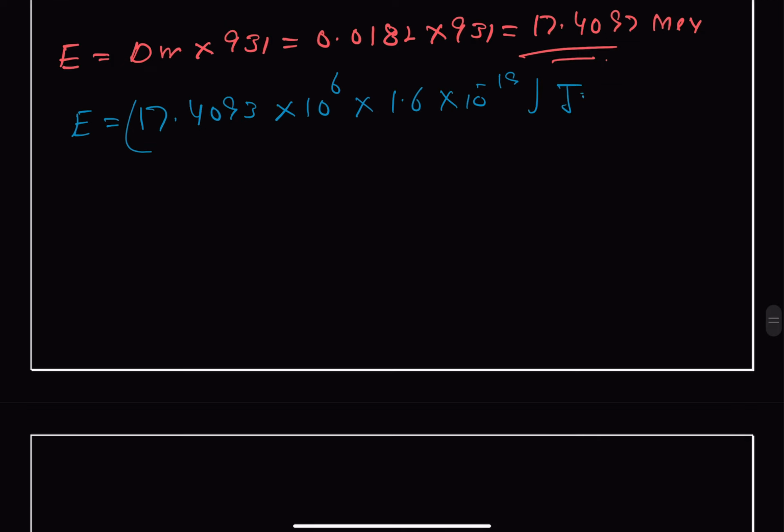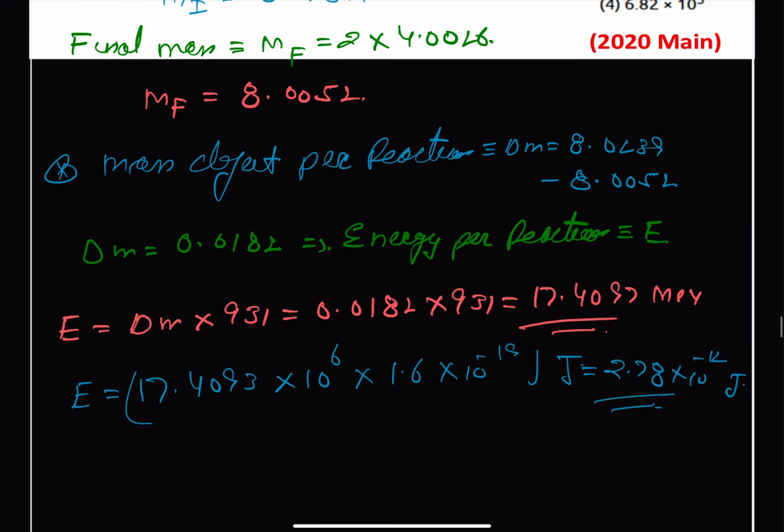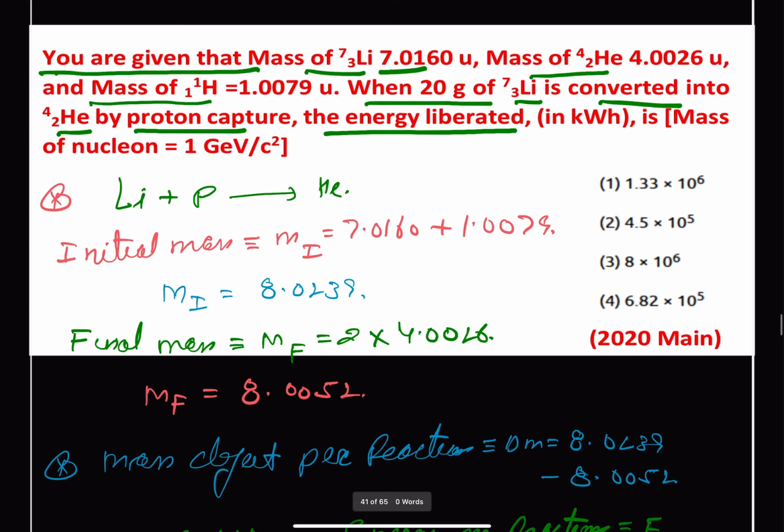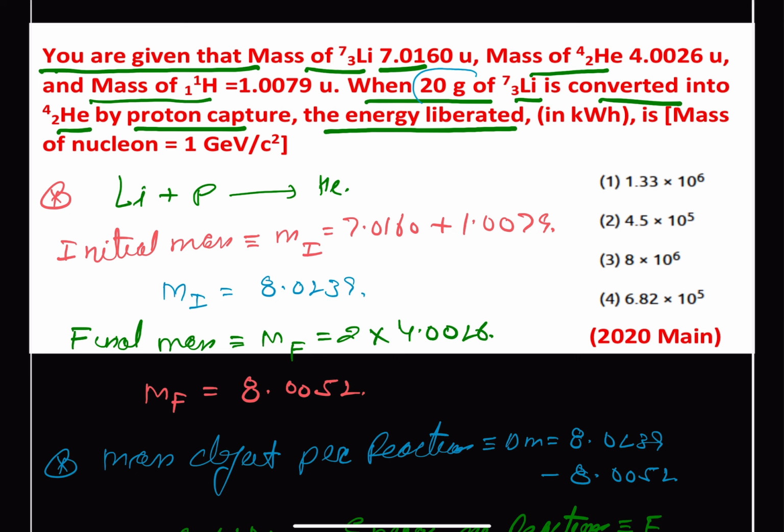So we get this energy will be equal to 2.78 into 10 to the power minus 12 joules.